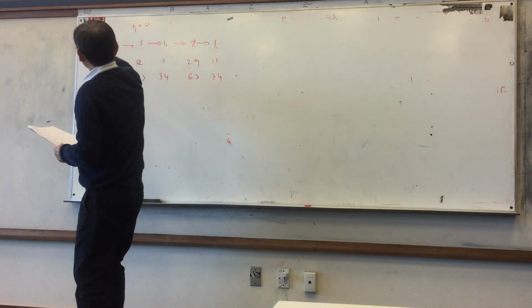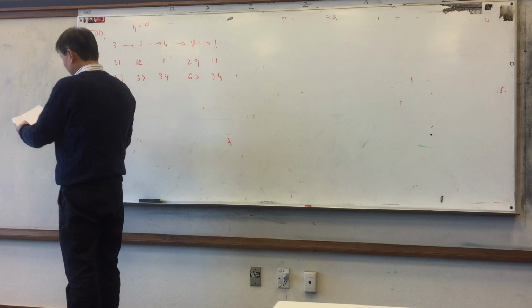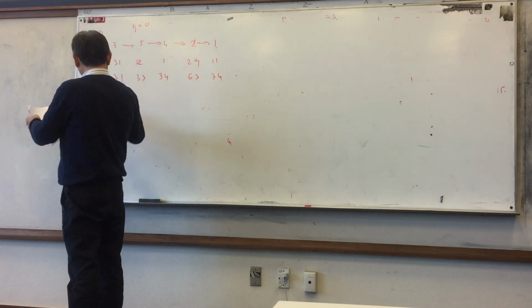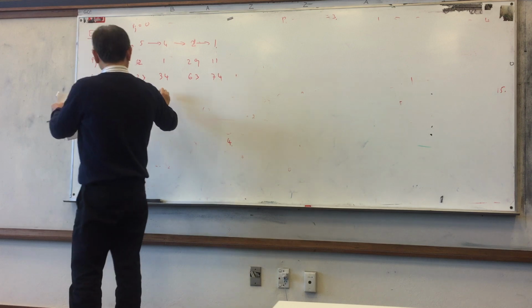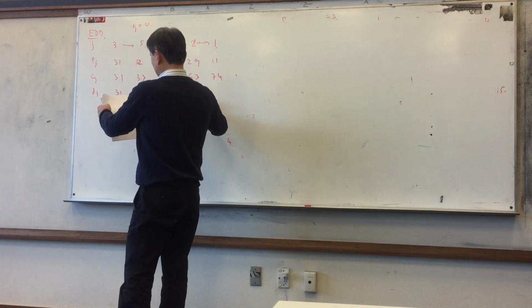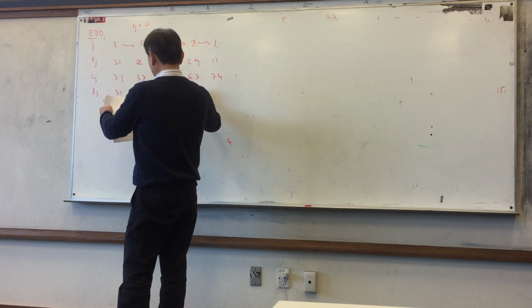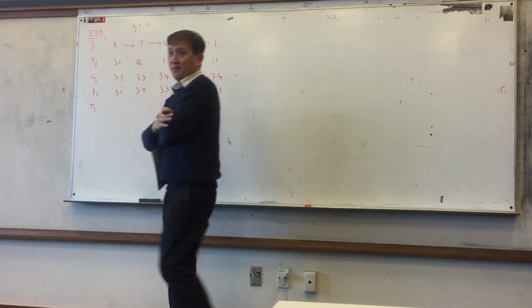If you compare them with the due dates DJ, the corresponding due dates are 31, 32, and 33, and I've got 45 and 61. Then I'm going to calculate my tardiness time.